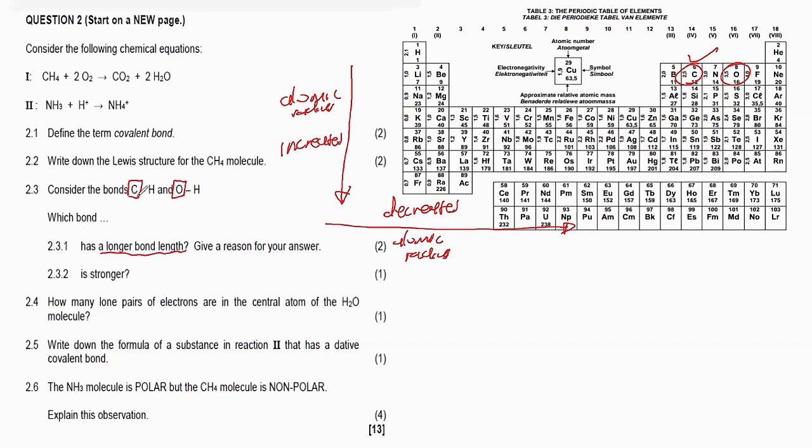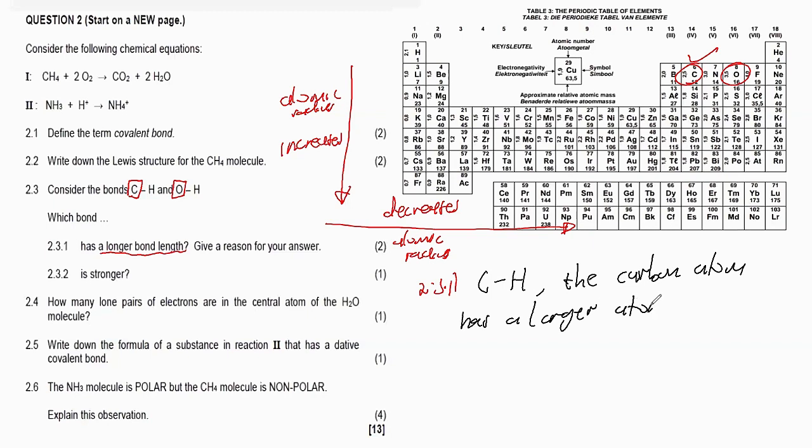So that means the bond C to H is the one that has a longer bond length. So we are going to say that C to H, and the reason is what? The carbon atom has a larger atomic radius than the oxygen atom.